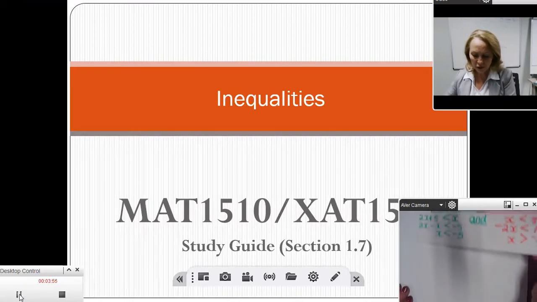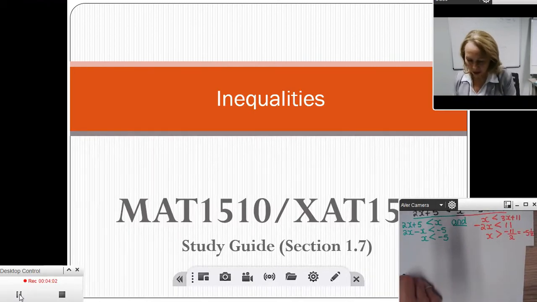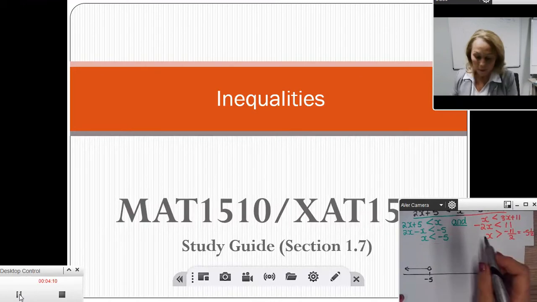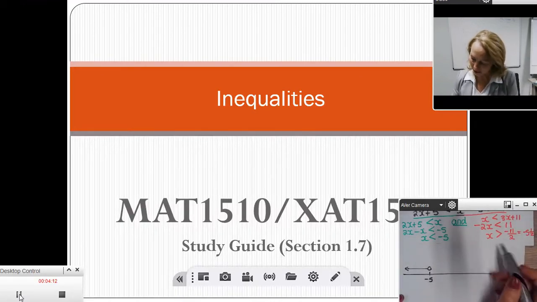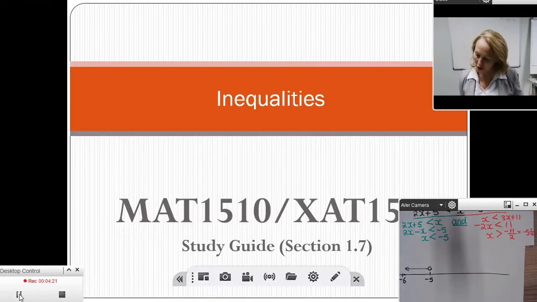So let us have a look at the number line to see what we have so far. On the number line, we now have x is strictly less than minus 5, okay? But at the same time, x has to be greater than negative 5.5. Alright, so let's have a look.